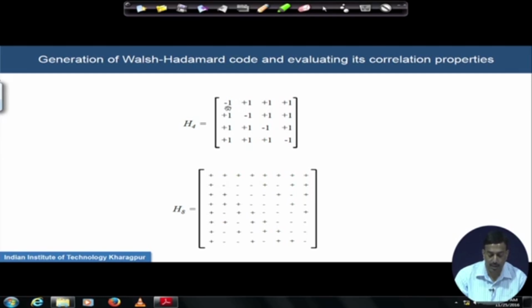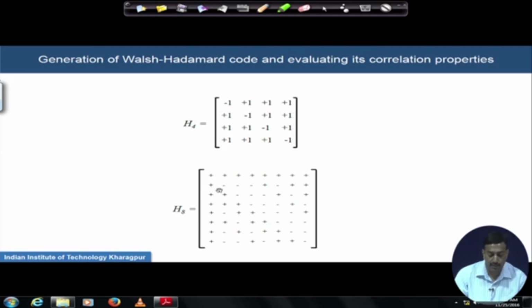So it is quite apparent that for 0 lag the autocorrelation will be equal to the length of the code. For example, in this case the length of the code is 4, so autocorrelation at 0 will be equal to 4, and in this case at 0 it will be equal to 8.